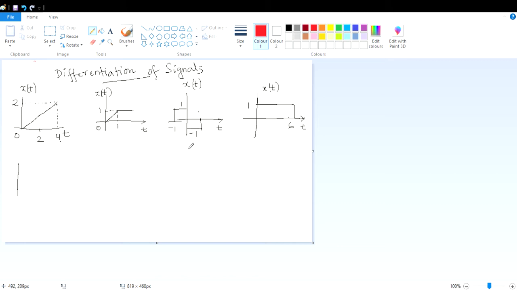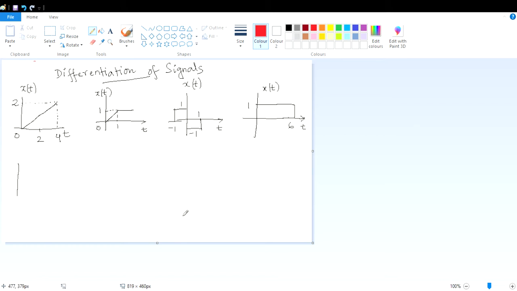As we know that the integration of an impulse is going to give you the step. So differentiation of a step signal definitely gives you the impulse.